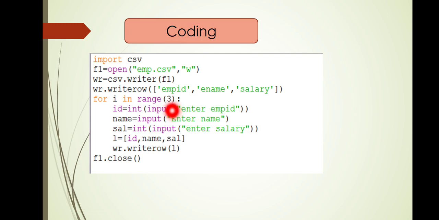That means in this loop it is going to enter the records of 3 employees. So first of all, employee ID is taken as input, then employee name and then salary, and all these 3 things are created in the form of a list, and then this list is written to the writer object with the help of the writerow function. After that the file is closed, right?